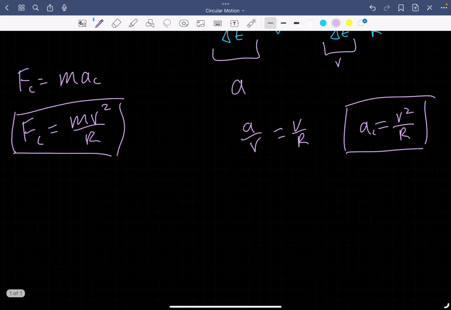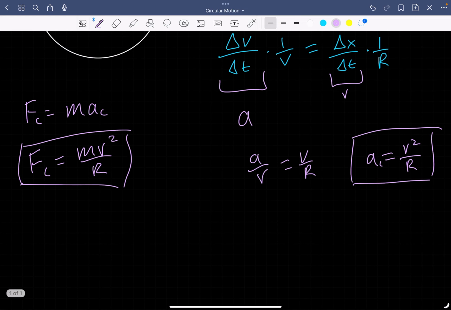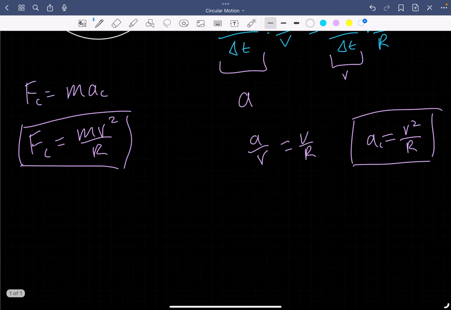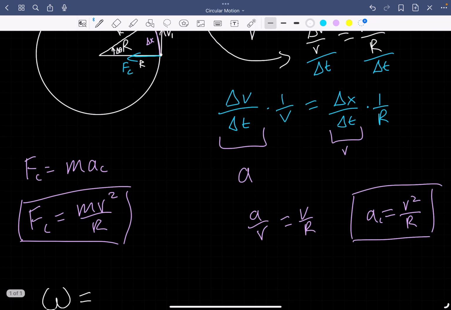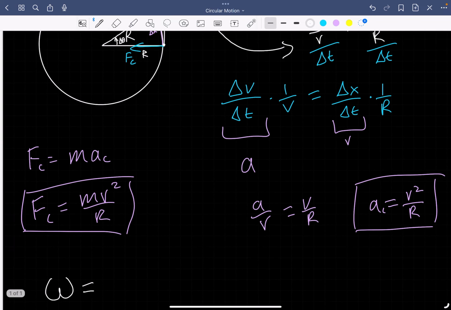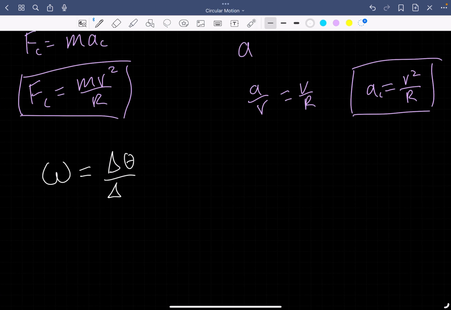And then one more thing we can say is that, as you may have learned in something like pre-calculus, the angular velocity of something, omega, is equal to the rate of angular displacement over time. And so it is equal to the angular displacement over time, or if you know calculus, it is equal to d theta over dt.